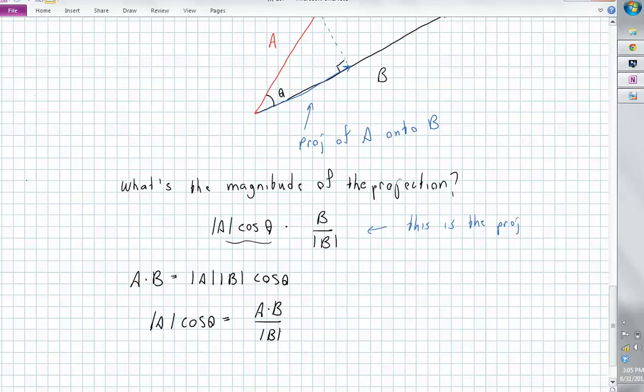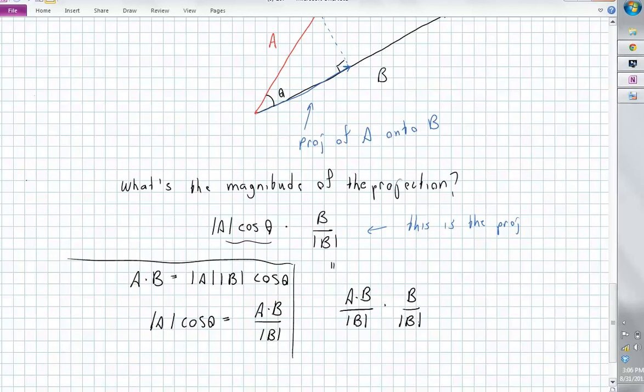And now we can go ahead, and this is just a little aside here, and rewrite this as A dot B over the magnitude of B, times B over the magnitude of B. That's the projection in terms of the two vectors, which is all the information that we have.